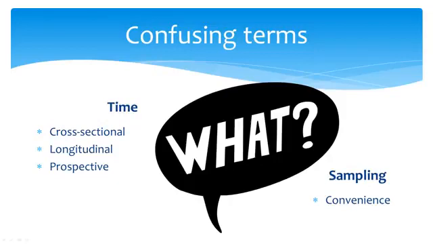Terms like cross-sectional and longitudinal tell you how much time the study was conducted over. Cross-sectional means that data were collected at one point in time. Longitudinal means that data were collected over a long period of time.